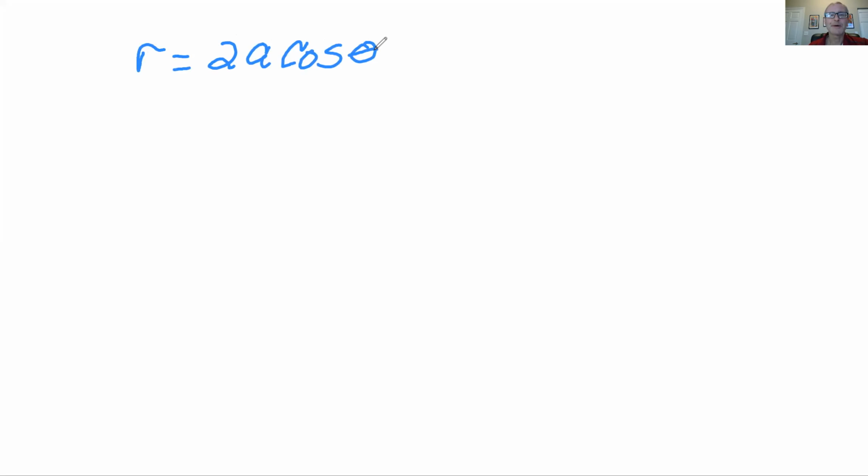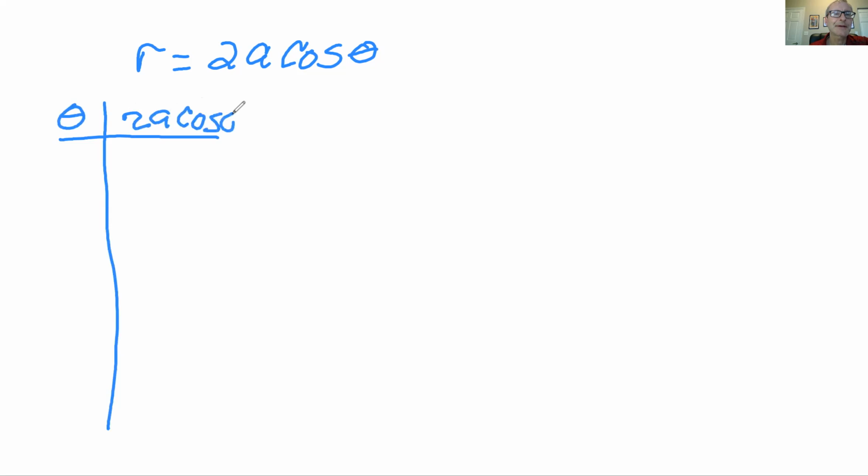And so the strategy that we don't want to get away from is we could always generate a little table, all right? And so as you could see, the independent variable is theta, and the dependent variable would be r.